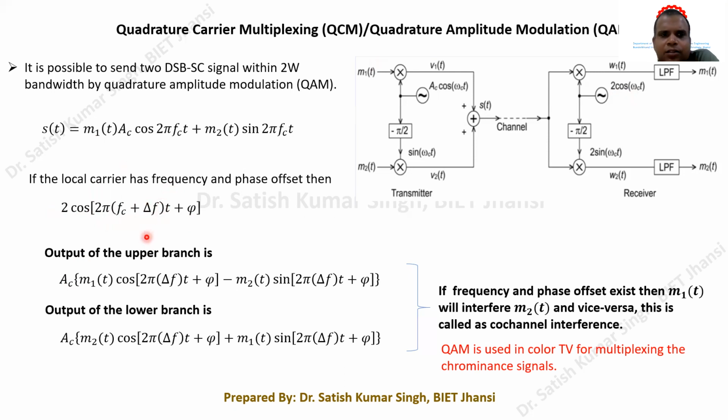It means the frequency is not the same as fc, but there is a small deviation in the frequency, and similarly the phase is not the same, but has a certain phase offset. If you take this carrier and multiply it with the equation of s(t), then it can be shown that the output of the upper branch, after passing through the low pass filter, will be something like this.